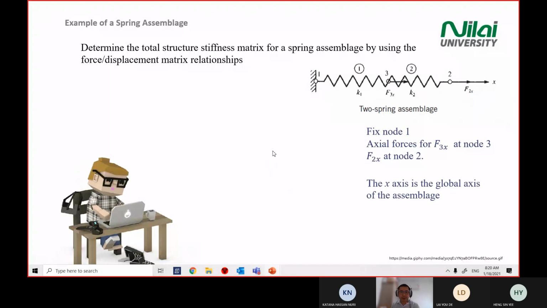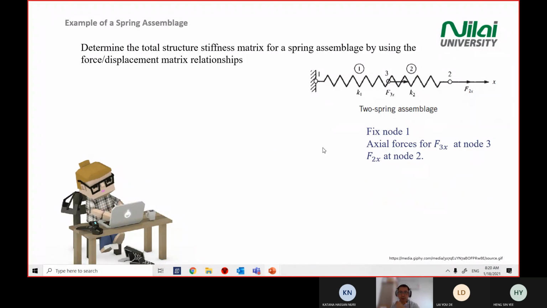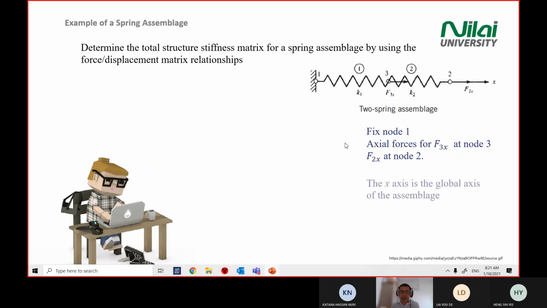So you look at the constraint before you start anything. Node 1 is mounted on a wall, so node 1 is fixed. And then there are 2 forces that we explained. Then we look at the global direction, the X direction.